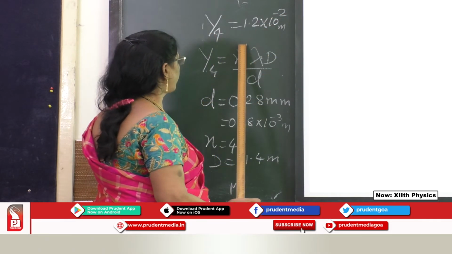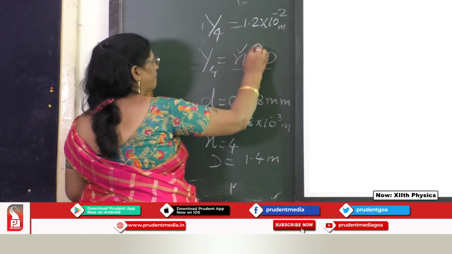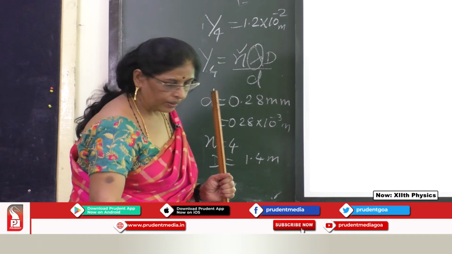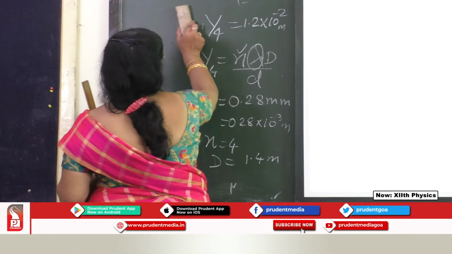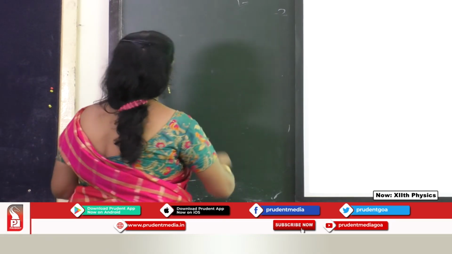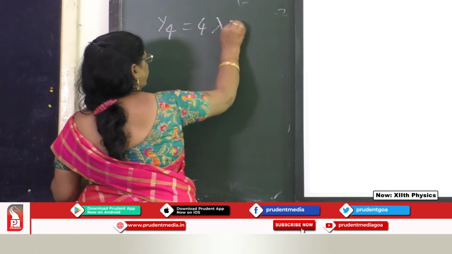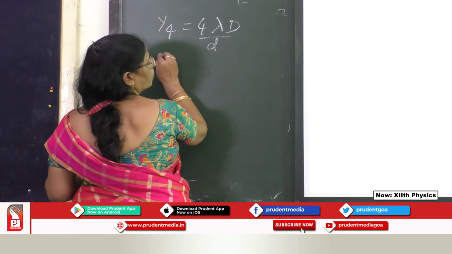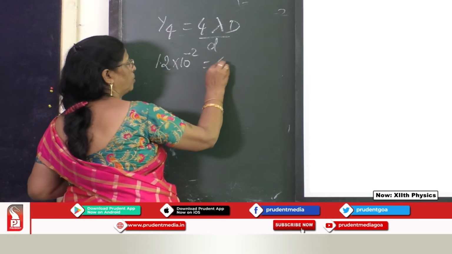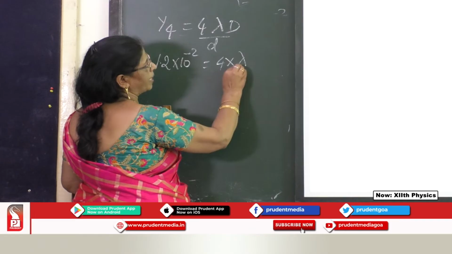Then you have to substitute everything in this formula and get the answer for the wavelength. All are substituted here. I'll just show you a small form of it. 1.2 into 10 raised to minus 2 equals 4 into lambda, lambda you are going to find out.